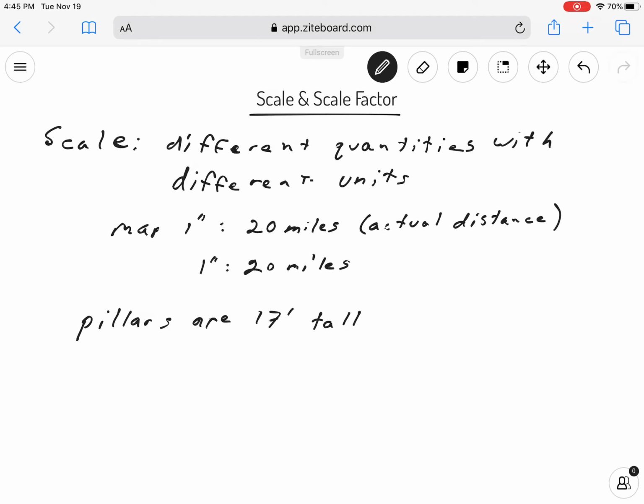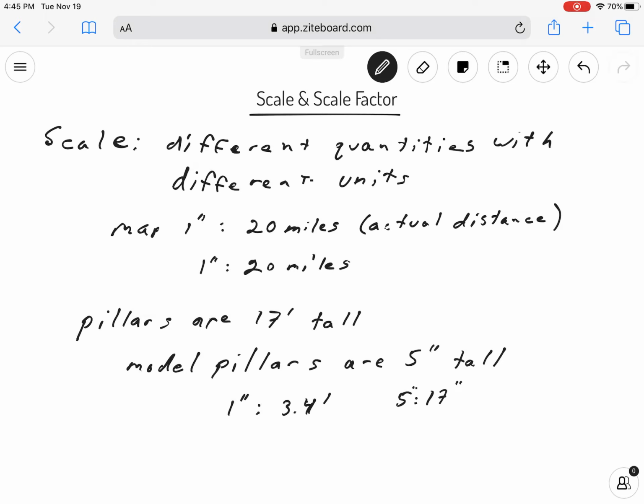If the model pillars are 5 inches tall, then the scale of the model is 1 inch to 3.4 feet. All we're doing is dividing 17 by 5. So we would say 5 to 17 is the same as 1 inch to 3.4. Okay?